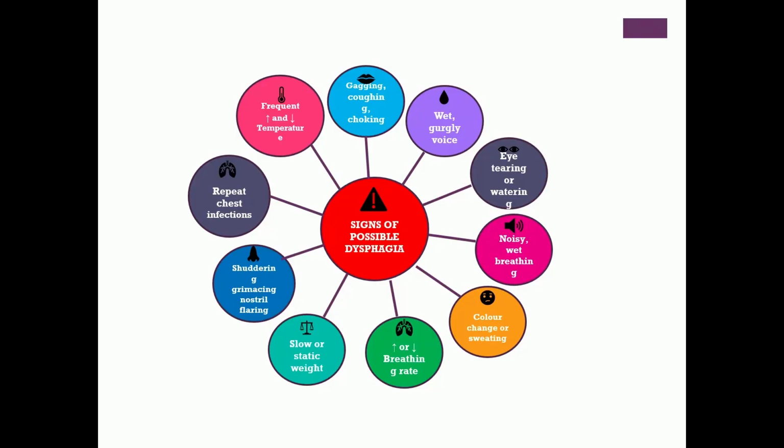So these repeat chest infections can be a bit of a red flag that maybe something is occurring during the eating and drinking process, and it's not as overt during the mealtime, but something is going down the wrong way, and it might well be silent aspiration. Another red flag would be frequent temperature spikes.